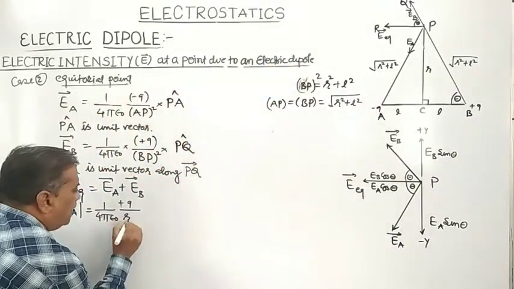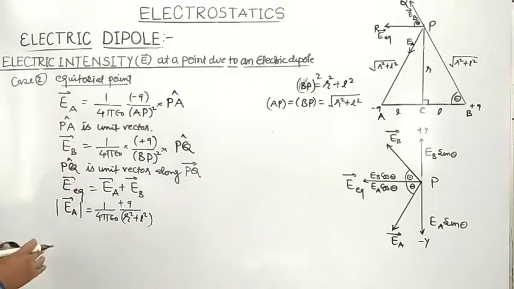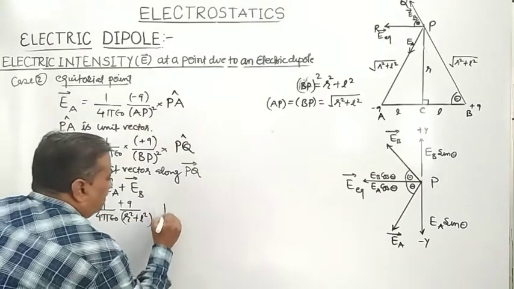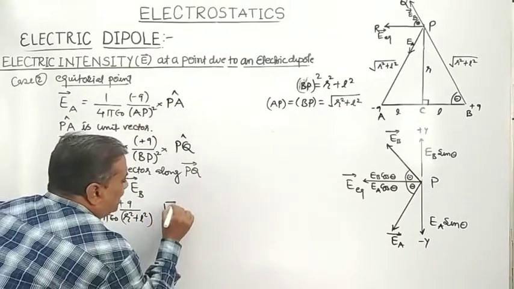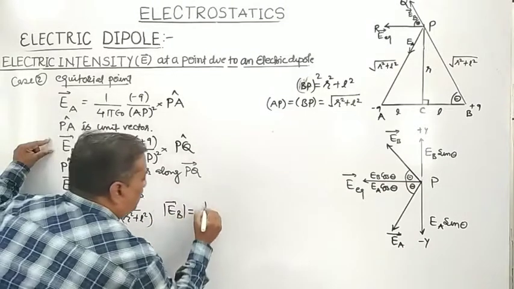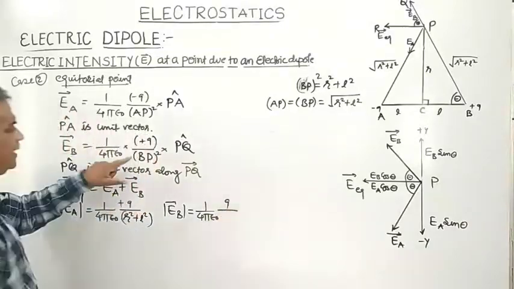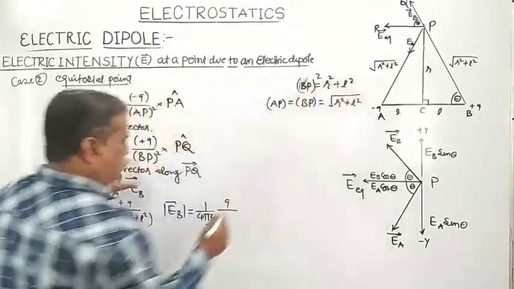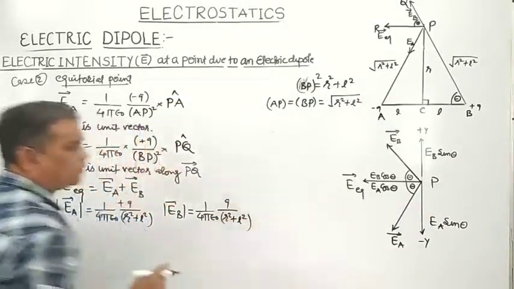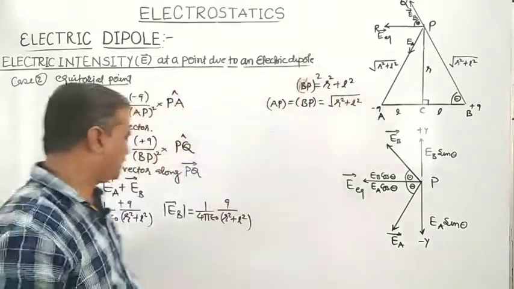AP square means R square plus L square, and magnitude of unit vector is 1. Similarly, magnitude of that another electric field intensity EB is equal to 1 upon 4 pi epsilon 0 Q divided by, again here this distance BP squared, so it is simply R square plus L square, because BP square is equal to R square plus L square.